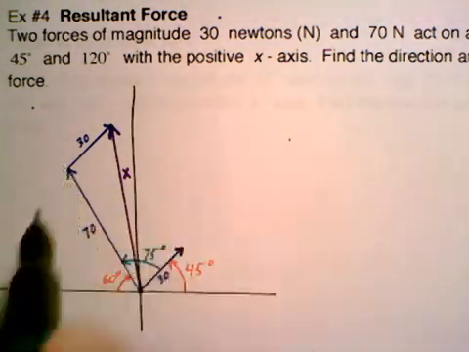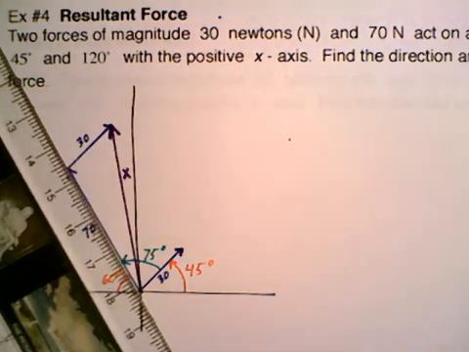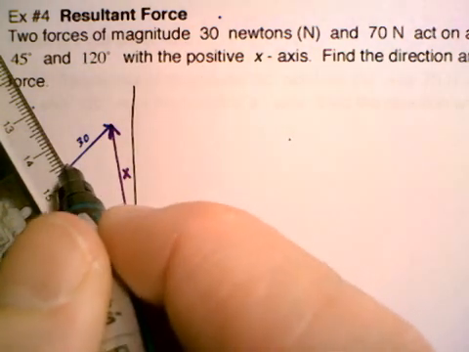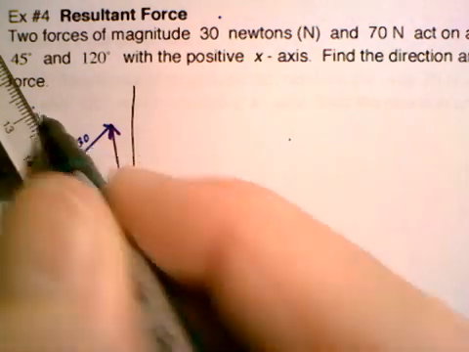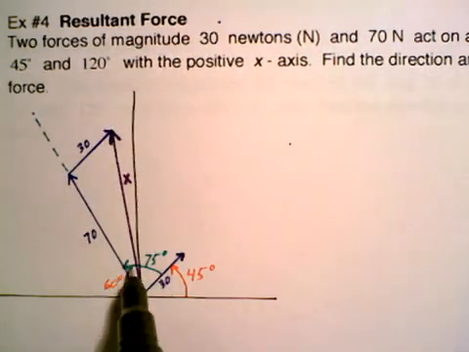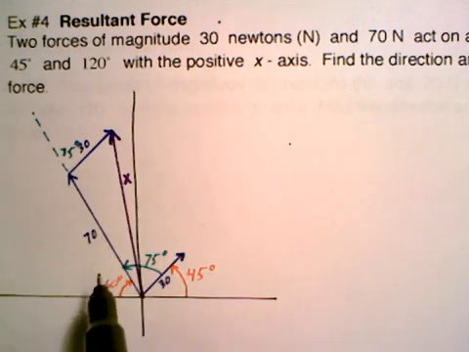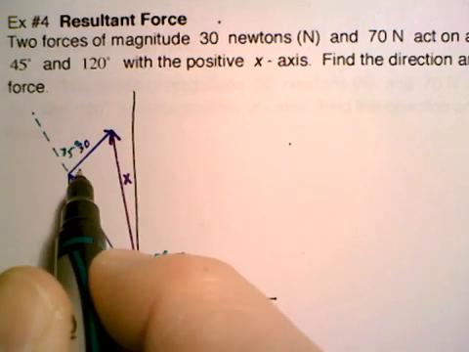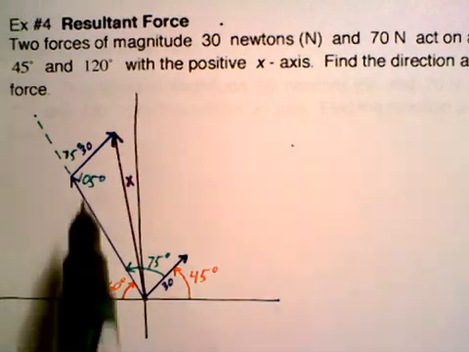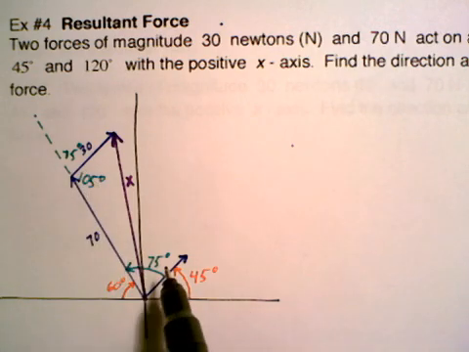If we extend this one here, we can get a better understanding of what is going on. 75 degrees is the angle in between the two, so this has to also be a 75-degree angle right there. And that makes this a 105-degree angle. So this is really the angle we need here, the angle in between the two vectors.